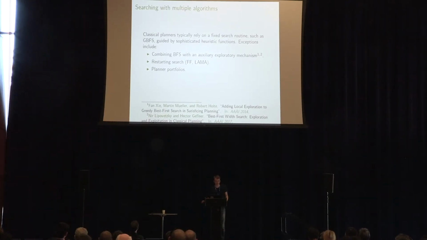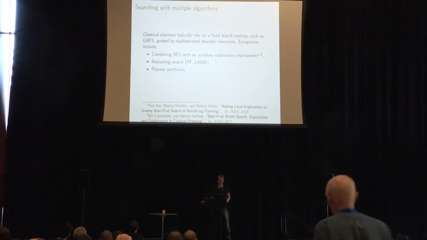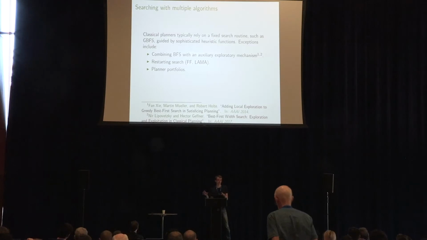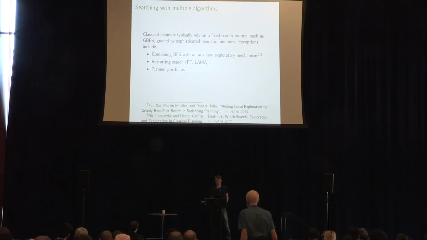Planning with multiple algorithms is also restarting search, like FF, which uses enforced hill climbing before falling back on best first search, like LAMA that iteratively tries various weights for A star. And of course, when we are talking about running independent searches, we are only one step away from portfolio planners that potentially throw a myriad of potentially unrelated planning mechanisms at the problem at hand.